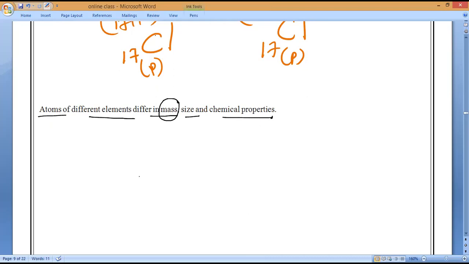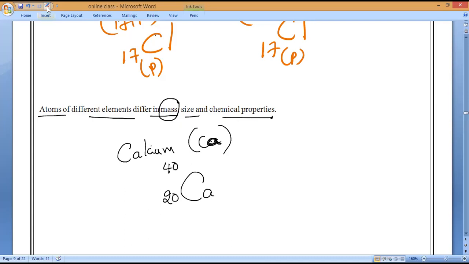For example, let me take calcium. Calcium is Ca. Its atomic number is 20, and the mass number is 40.